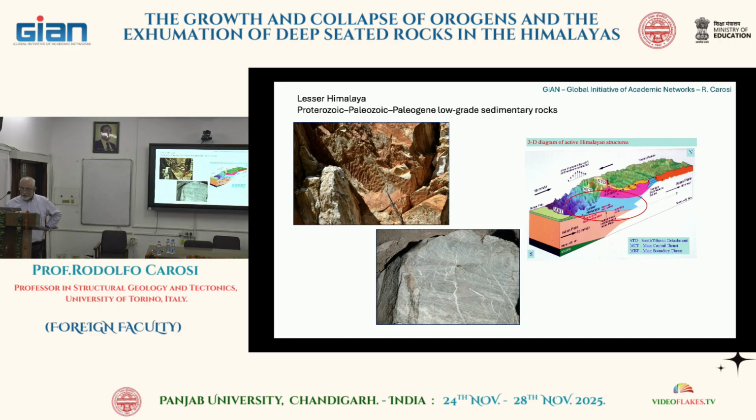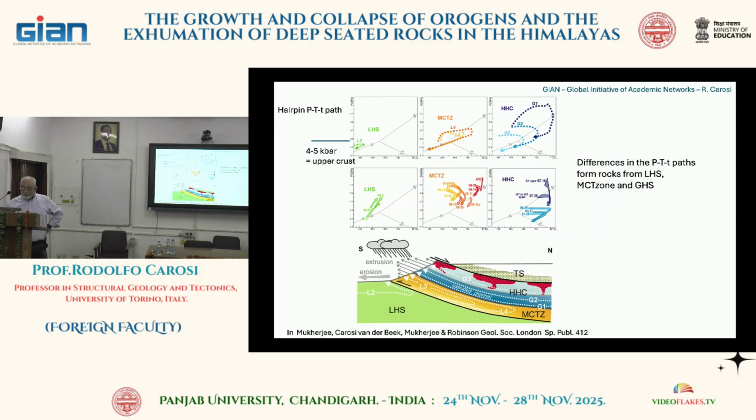Okay, just an overview of this tectonic unit. If we look at the metamorphism of the Lesser Himalaya, Main Central Thrust zone, and Greater Himalayan sequence, people detected a difference in the PT path.